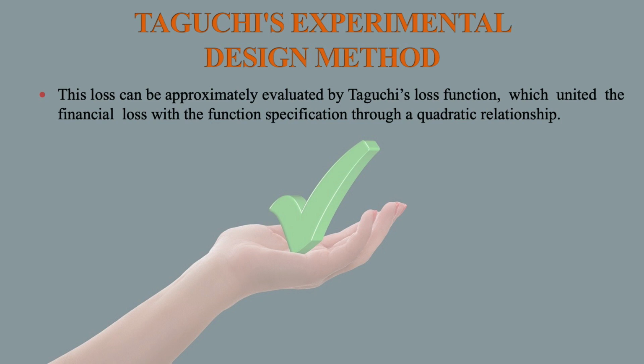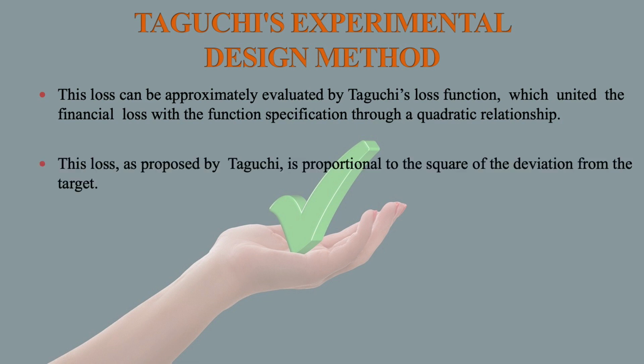This loss can be approximately evaluated by Taguchi's loss function, which unites the financial loss with the functional specification through a quadratic relationship. This loss, as proposed by Taguchi, is proportional to the square of the deviation from the target.